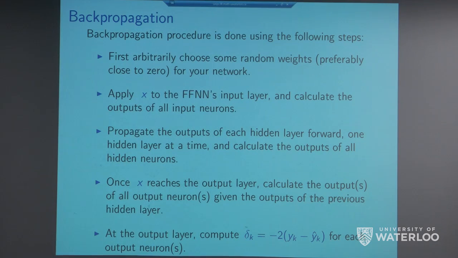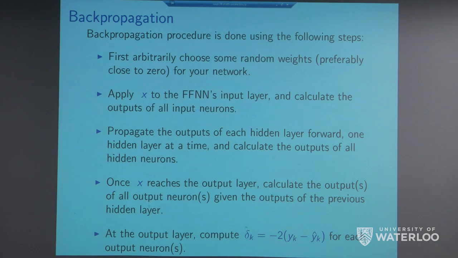Okay, so, these are the steps of backpropagation. In backpropagation, as I explained, you start with applying a vector x as one of your data points to the feed-forward neural network, and then you compute the output. It's quite easy to compute the output given weights and the input. You start with some random weights, and these random weights are usually close to 0.